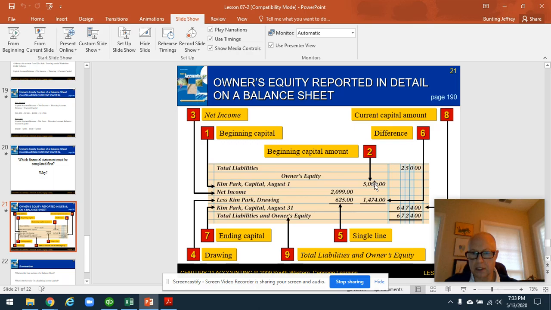So 5,000's here. 2,099 minus 625 equals net of 1,474 increase in equity. So 5,000 plus 1,474 equals total equity, 6,474. So your change in equity is plus 1,474 for this month. Okay, that's good.